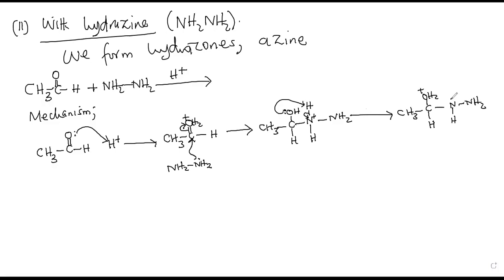So in this case, the lone pairs on nitrogen will form a bond here as water goes. So we've lost water in this case. So we shall have CH3, C, H, double bond, N, because it lost electrons with a plus now, then H, then NH2, plus the water that was lost.